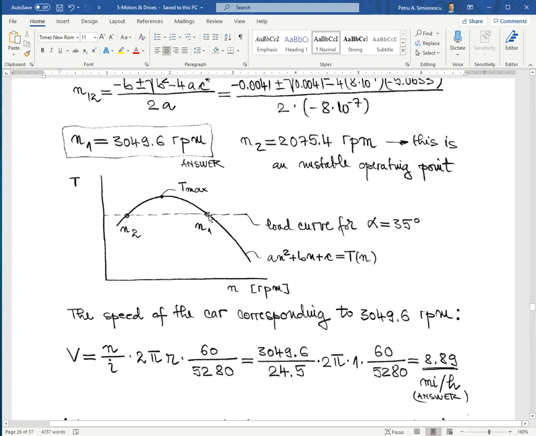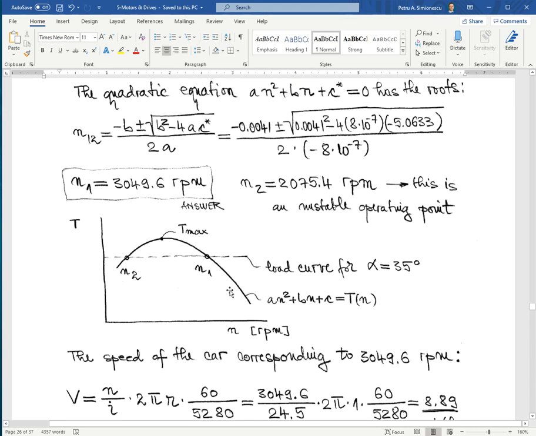As I slow down, if I'm on this other point, slowing down increases the torque available, and I can overcome up to the maximum. So I can overcome any momentary increase in resistance. So this would be the stable branch of the torque speed curve. From the maximum torque to the left, it's the unstable branch.